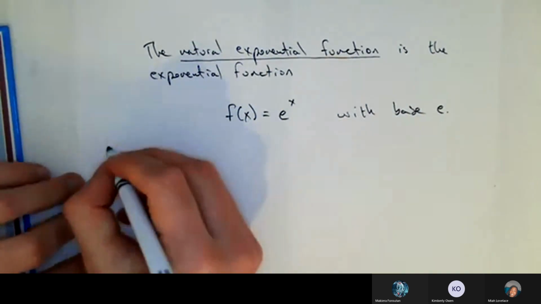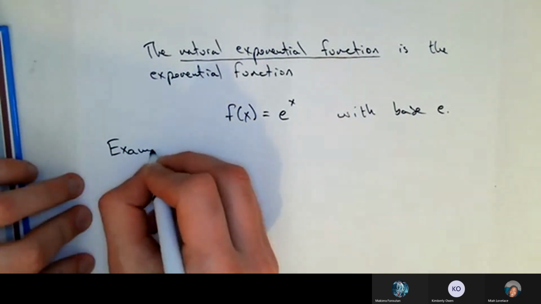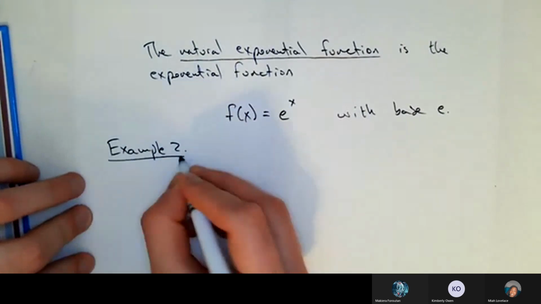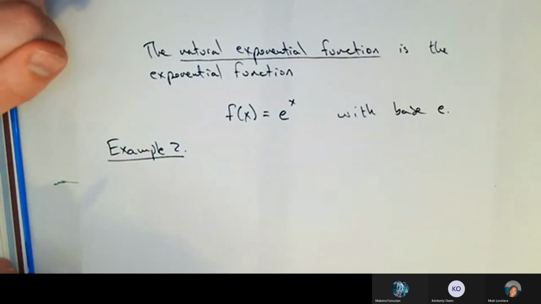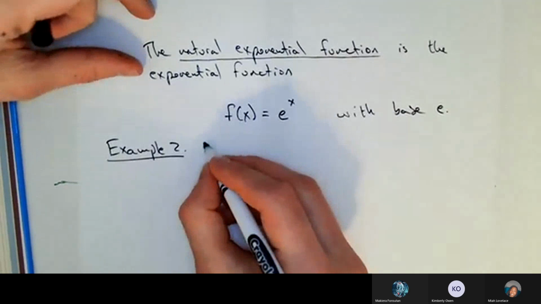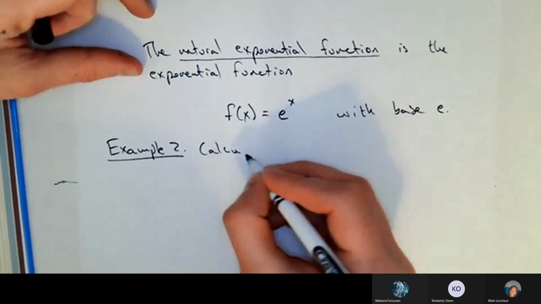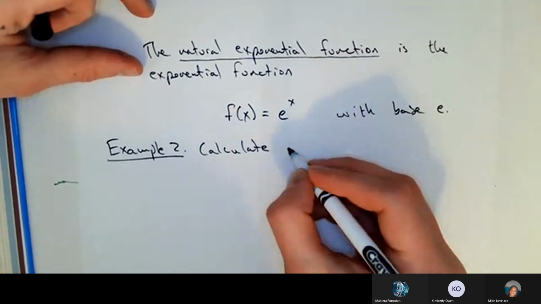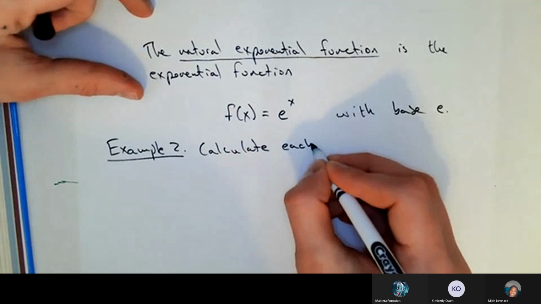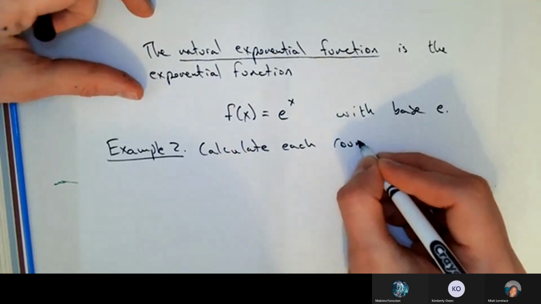Let's just practice using it. Example 2. Just get some practice. We've already done some practice with continuously compounded interest, but let's calculate each. And let's practice rounding too.